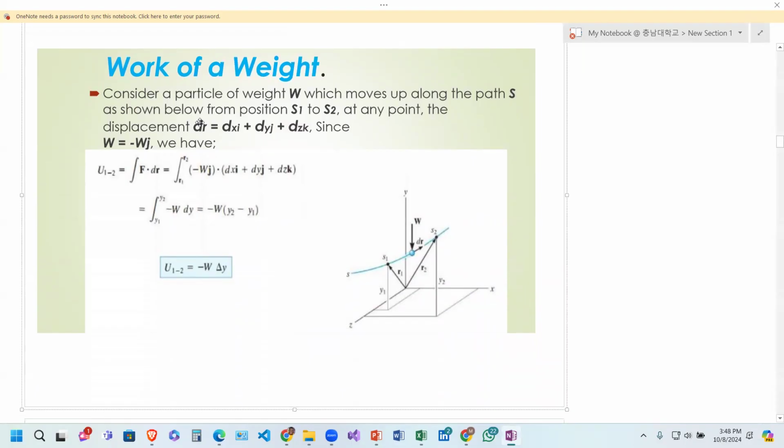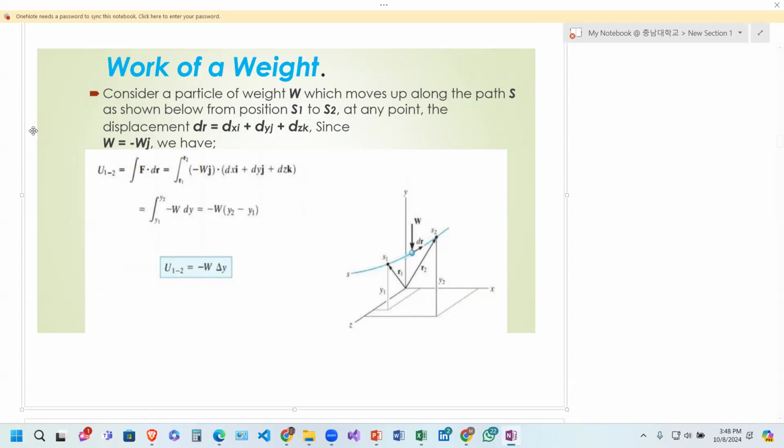So it could have weight in those directions of X, Y, and Z. But in other cases, there's no weight in the X, no weight in the Z, and the only weight is in the Y direction, because it acts towards the gravitational force. So now consider a particle of weight W, which moves up along the path S as shown below, from position S1 to position S2 at any point.